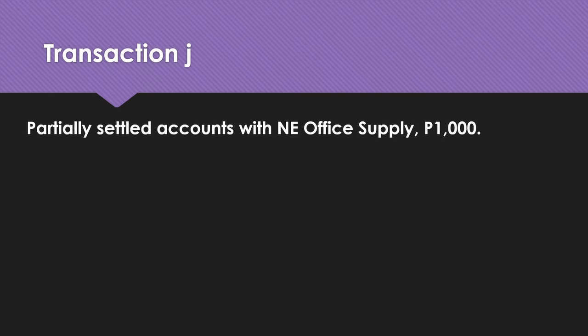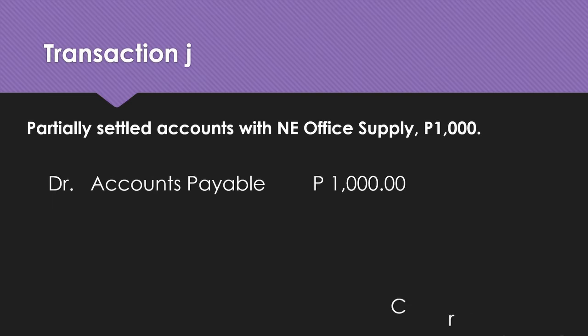Kapag nagbabayad ka, anong nag-decrease? Nababawasan ang utang mo or your accounts payable and nababawasan ang cash mo. Okay? So, decreases in accounts payable is debit. Kasi ang increase credit, so ang decrease in accounts payable is debit accounts payable. And your cash decreased, so of course, you credit cash 1,000. So, ganyan siya.